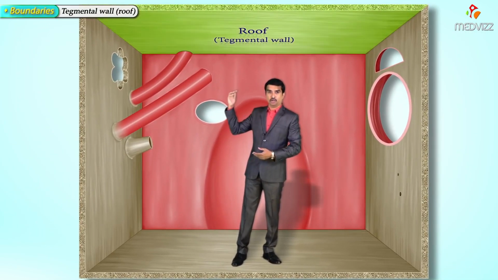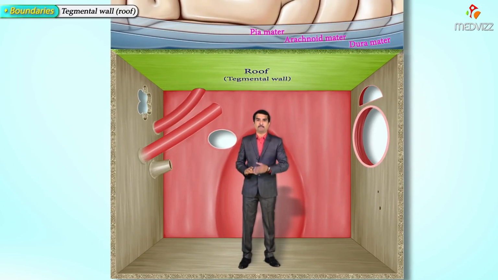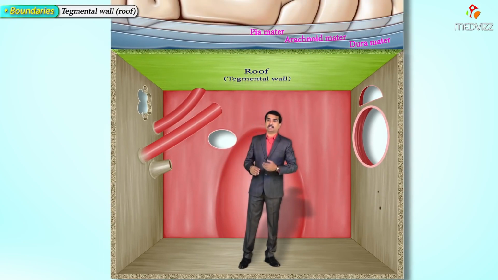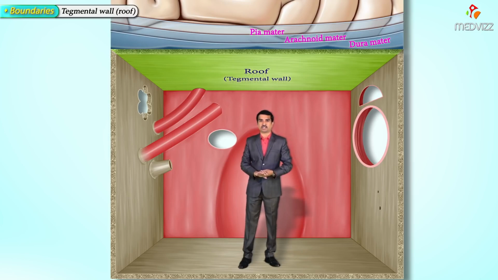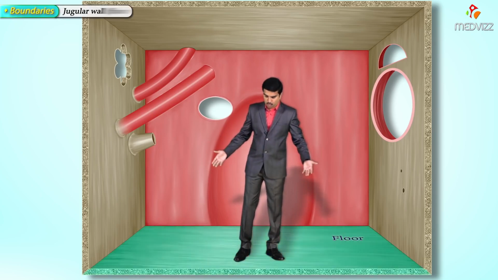This roof separates the dura mater, lying at the floor of the middle cranial fossa, from the tympanic cavity, and above that you can see the cerebral cortex.